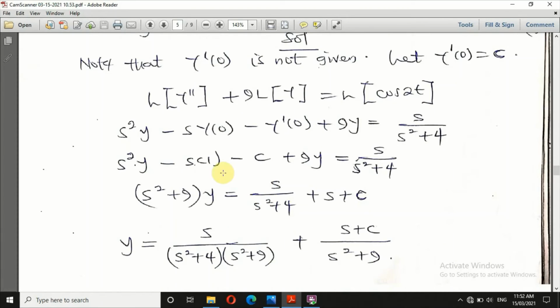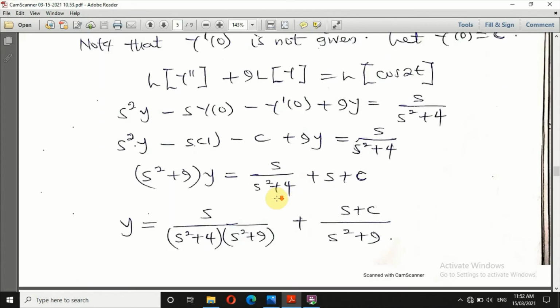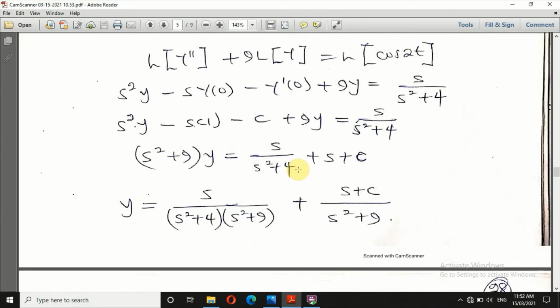What's the next thing now? Let's group the factors together. If you group, c will go to the other side. s multiplied by 1 also goes to the other side. So here, what I will now have is s squared Y plus 9Y. So I can factorize to have Y, that will give me s squared plus 9, then it equals to. Now everything we have at this side, we need to use the knowledge of LCM to group it together to give us one fraction.